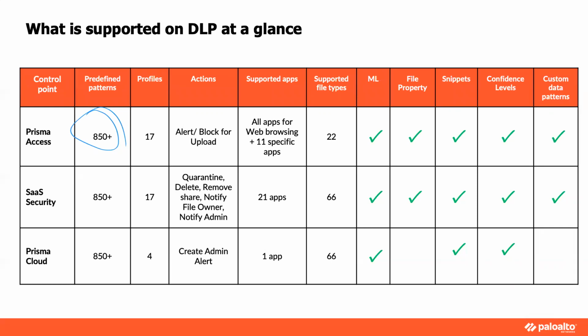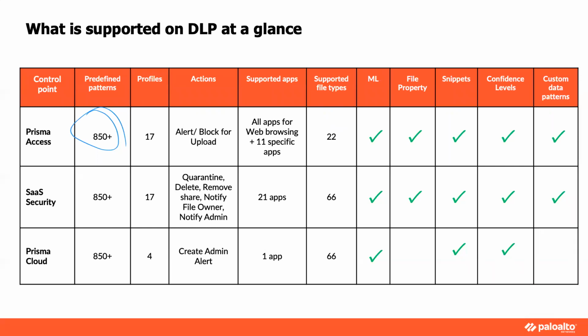And there's even 11 specific apps just for Prisma Access. We can support file upload and download and blocking and alerting for 22 different file types. We have our machine learning, ability to assign different confidence levels to be able to create custom data patterns.